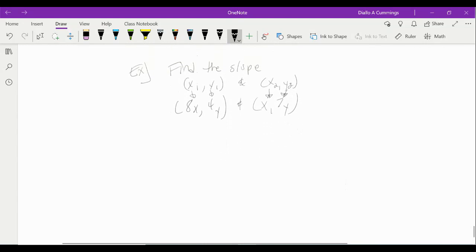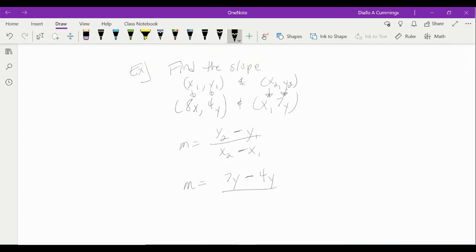So I'm going to write out the slope through 2 points formula. And I'm going to substitute. So y sub 2 is 7y minus, because there's a minus in my formula, y sub 1 is 4y.